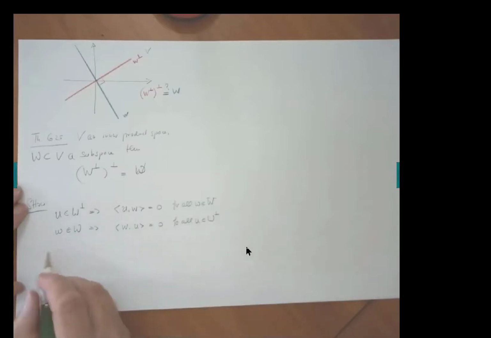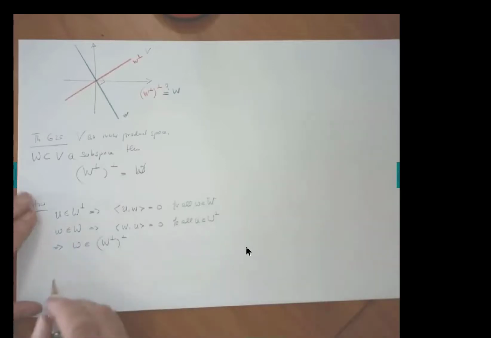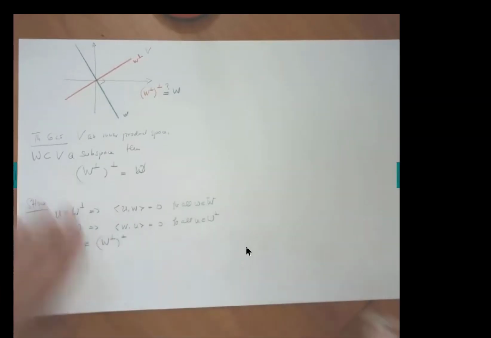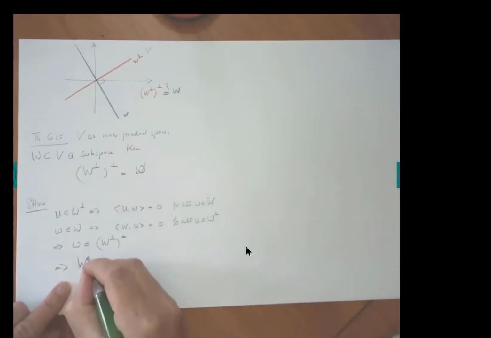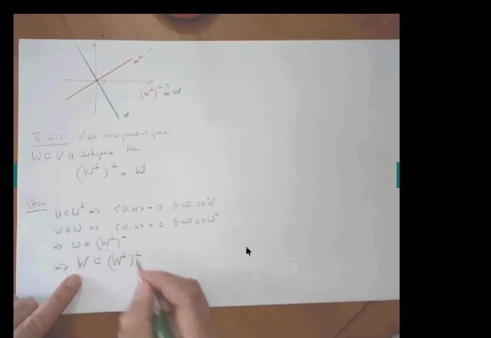So that means w is in W complement complement. But this is now true for every small w. So therefore we have shown that W is a subset of W complement complement.